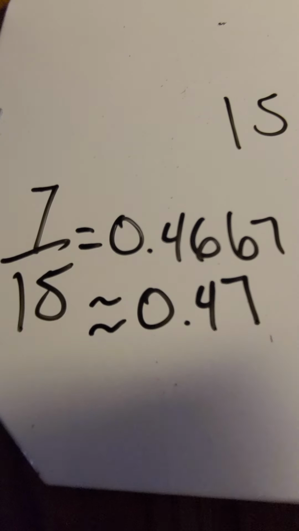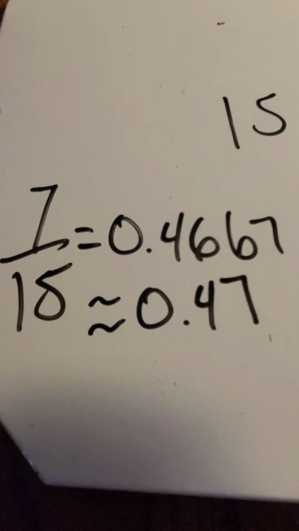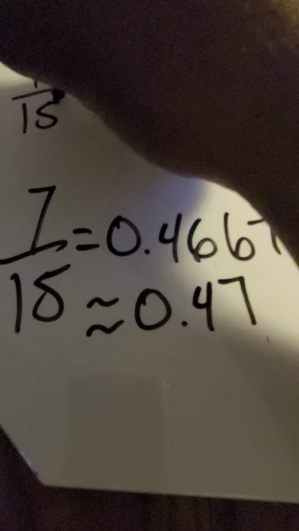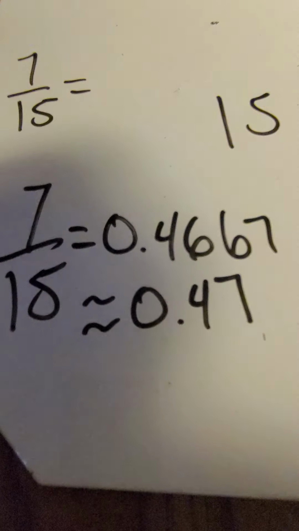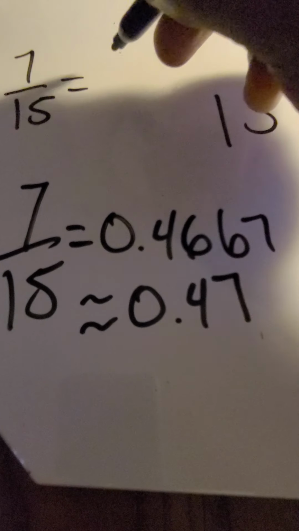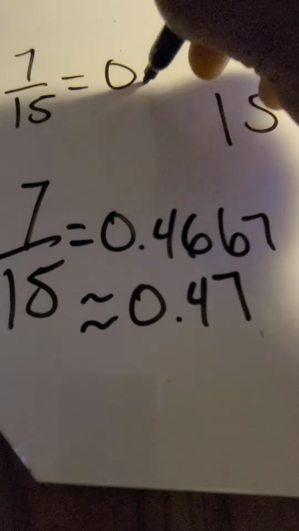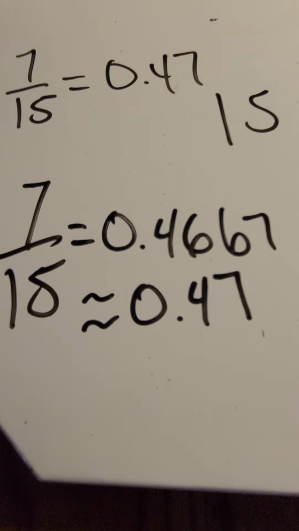There's no rounding a fraction. We can round a decimal, but we can't round a fraction. So we can either say 7/15, which is much better than saying, about approximately 0.47.